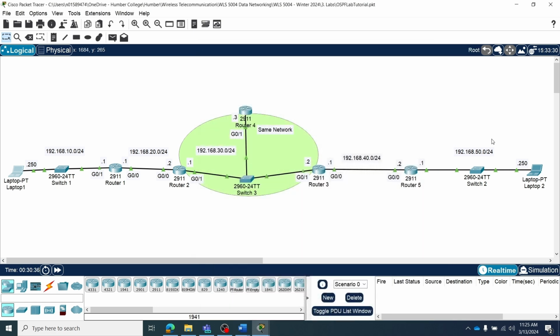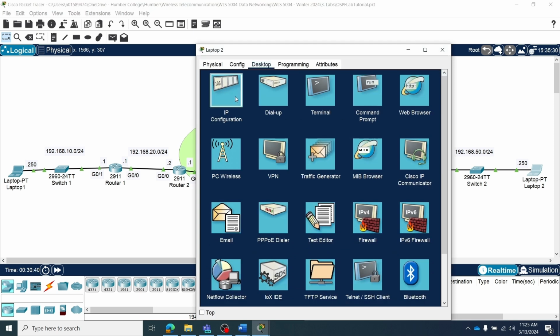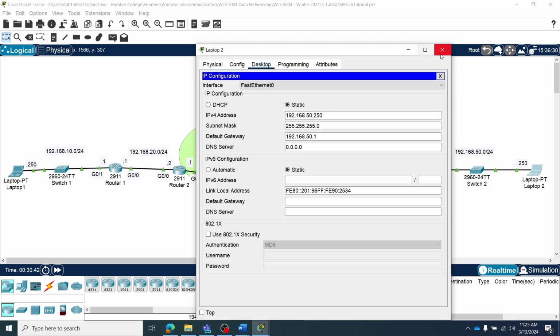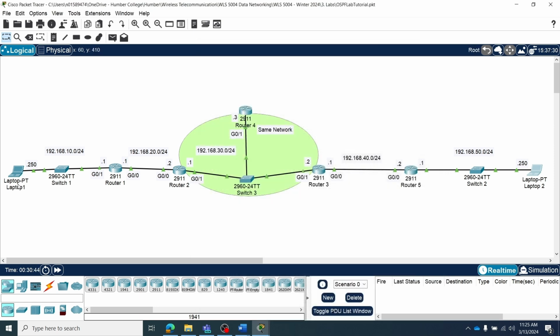The reason is that this laptop is not in the same network as the source laptop, because there are many networks in between. Router 1 does not know what network this laptop belongs to; it has no information about that network.